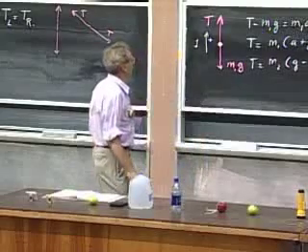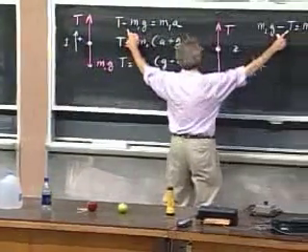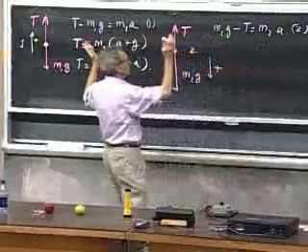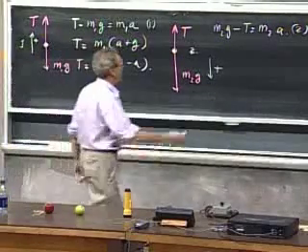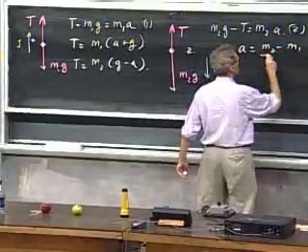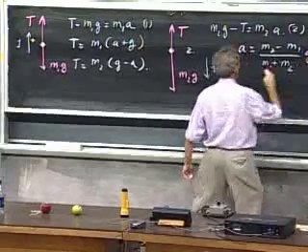You can immediately eliminate T, by the way. If you add this one with this one, I call this equation 1, and you call this equation 2, you immediately lose your T, and you get that the acceleration a equals m2 minus m1 divided by m1 plus m2 times g.